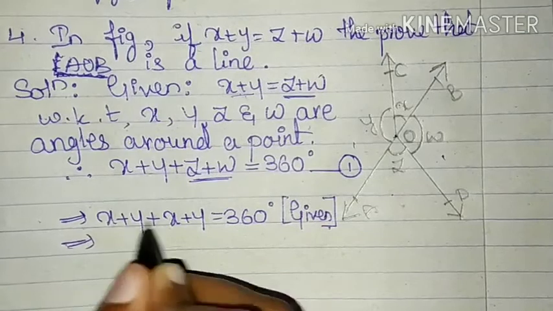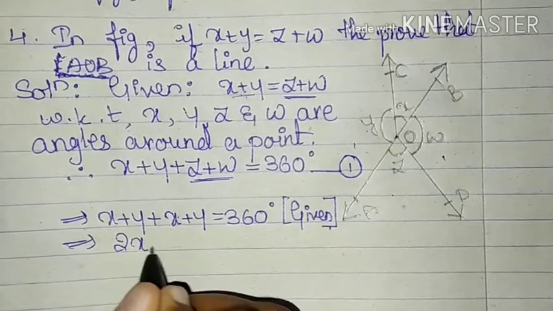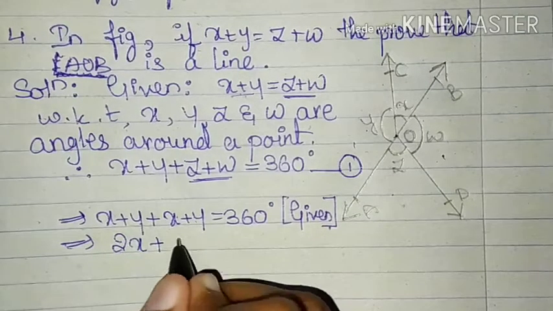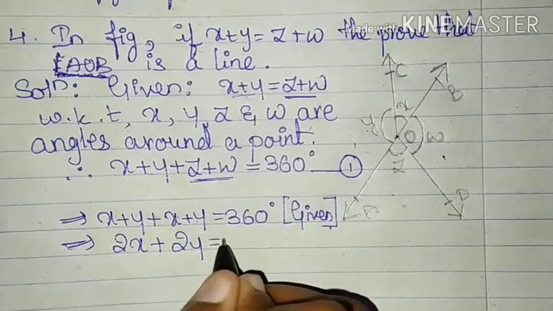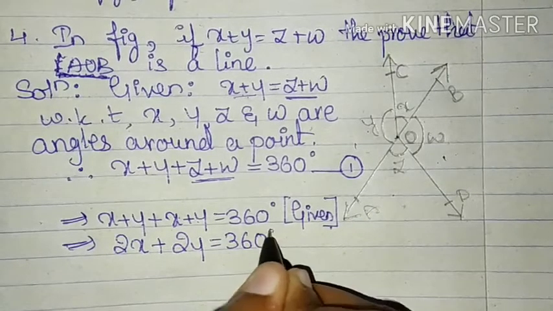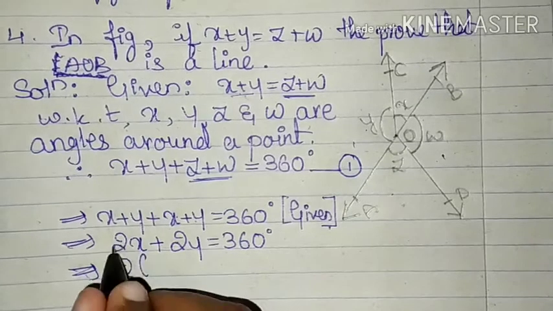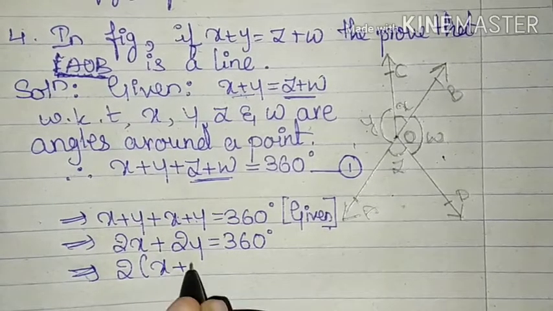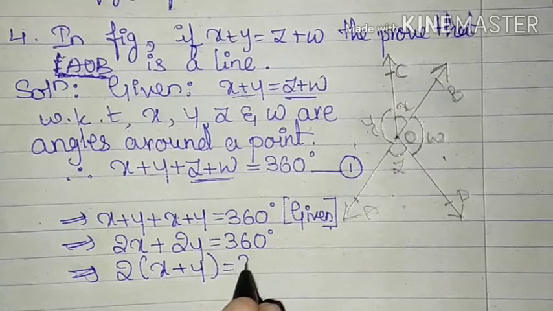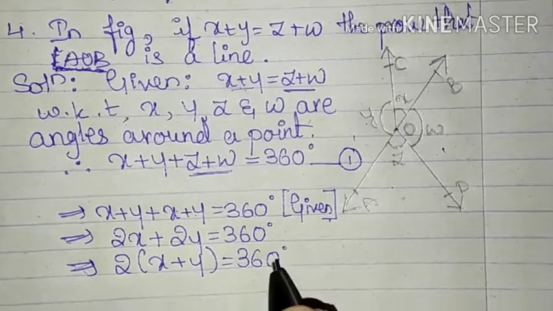So now x plus x, 2x, plus y plus y, 2y, is equal to 360 degrees. This implies 2 times, I took 2 common, 2 times x plus y is equal to 360 degrees.